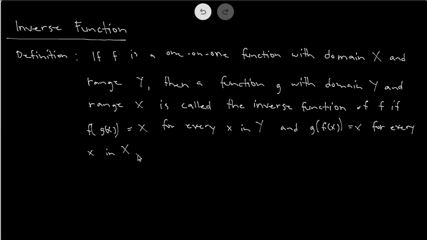Okay. So, if f is a one-on-one function with domain x and range y, then a function g with domain y and range x is called the inverse function of f if f of g of x is equal to x for every x in y, and g of f of x equals x for every x in x. Okay? So, yan class.